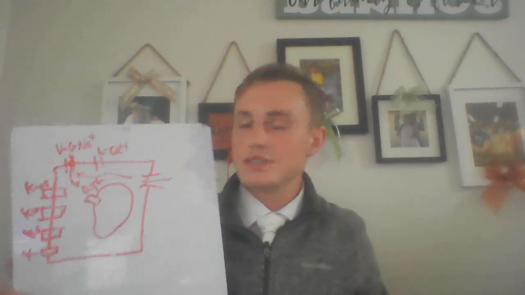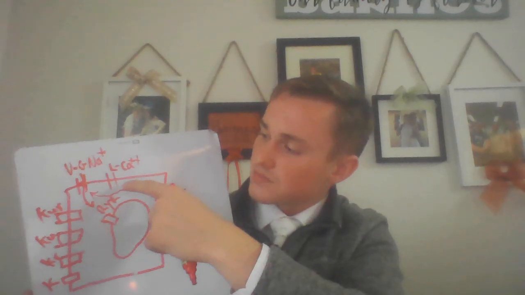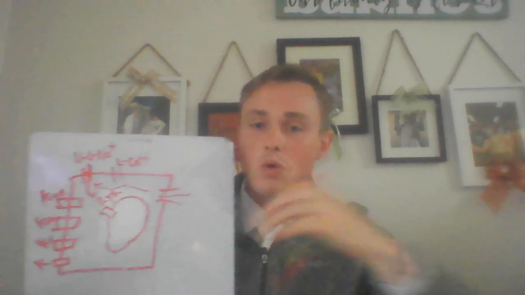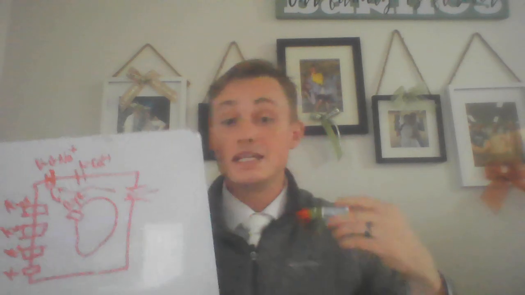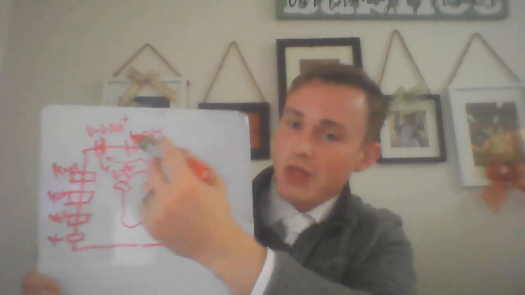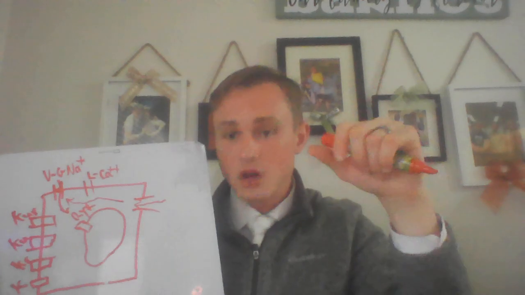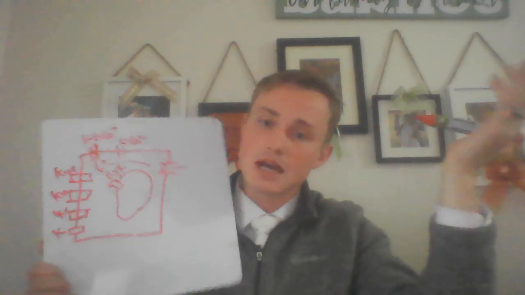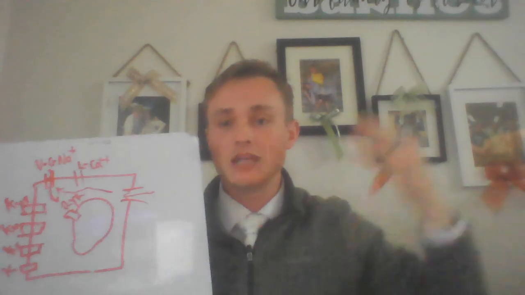Now, you might have noticed that this L-calcium channel took a while to open up. It is voltage sensitive, but it's called L-type because L stands for long, as in it takes a long time to open. It takes a while to get it moving.